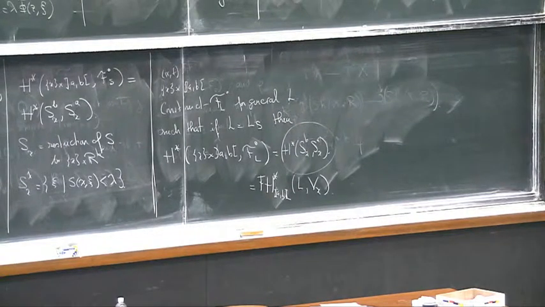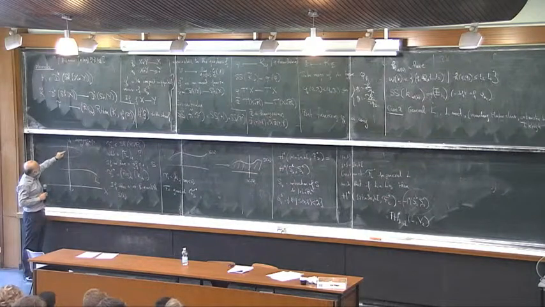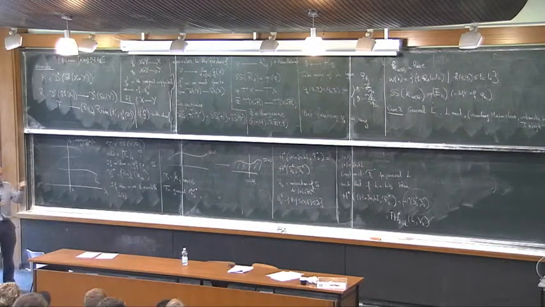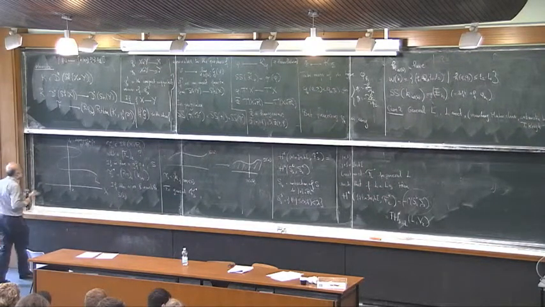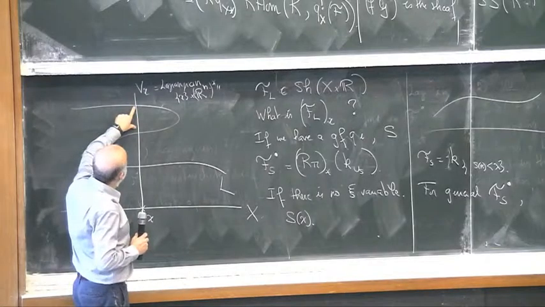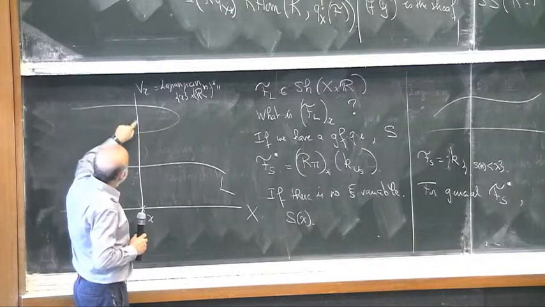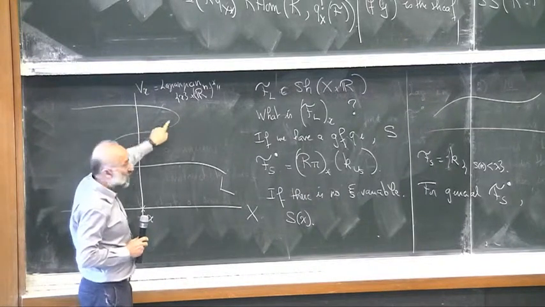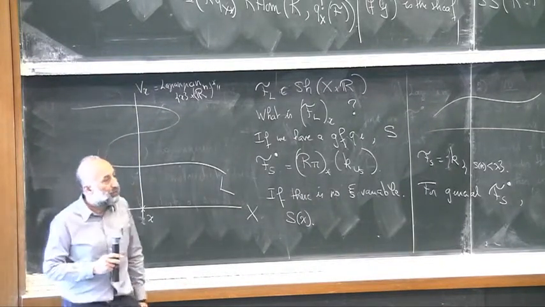Well, it means I'm going to build a complex, the Floer complex, where the generators are going to be the intersection points here. In this situation, it's going to be these three intersection points. And the boundary maps are going to be obtained by counting holomorphic curves connecting, for example, these two points with one boundary on V and the other boundary on L.